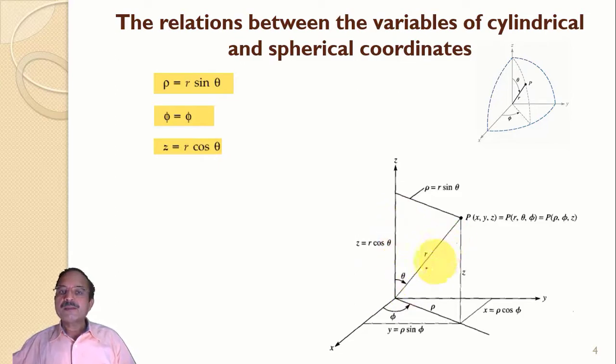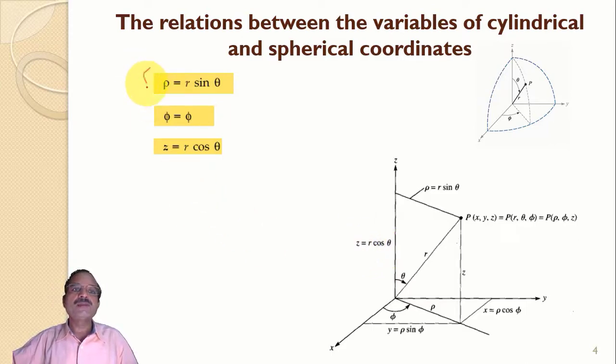If I take the projection of this r along the z axis, it is r cos theta. So the component of vector r along z axis is nothing but r cos theta. So z is equal to r cos theta. Using these three equations, I can find cylindrical coordinates rho, phi, z in terms of spherical coordinates r, theta and phi.